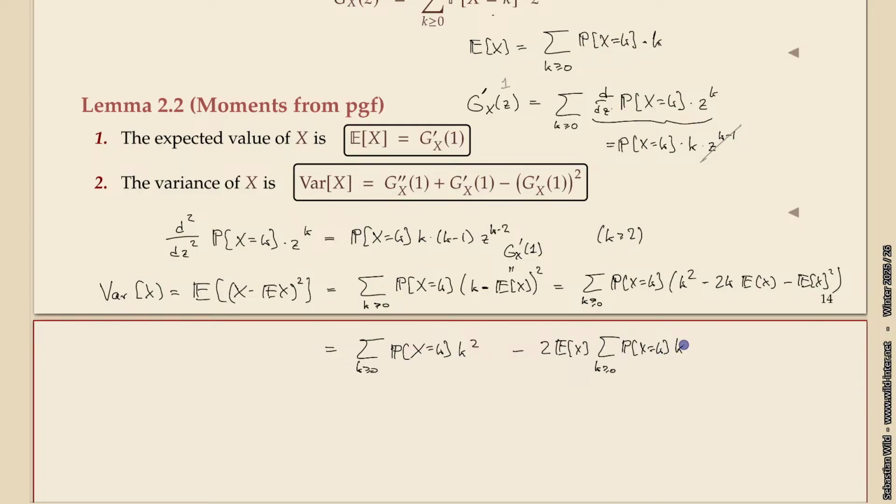Here's the k. That's a plus. And here this is already easy, it's summing probabilities, so that's going to sum to 1.